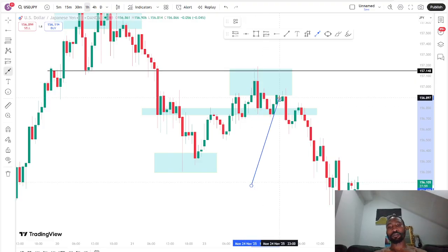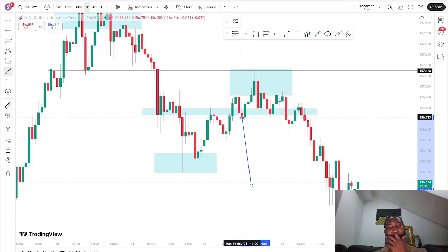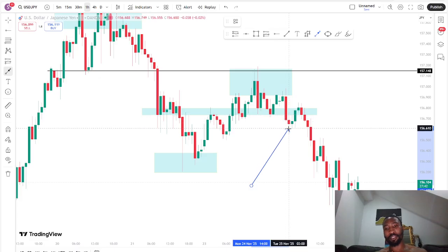Then what do I see? I saw this red candle, very strong, broke below the buyers, and the sellers took over from buyers in this area. And I saw that another candle pushed down a little bit, confirming that sellers are actually taking over, not buyers anymore.